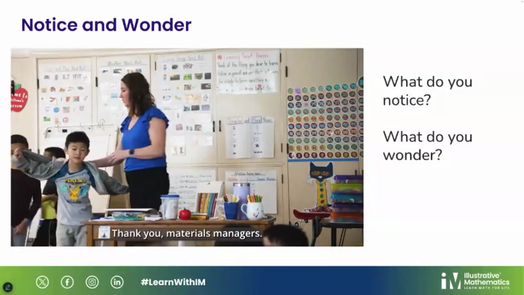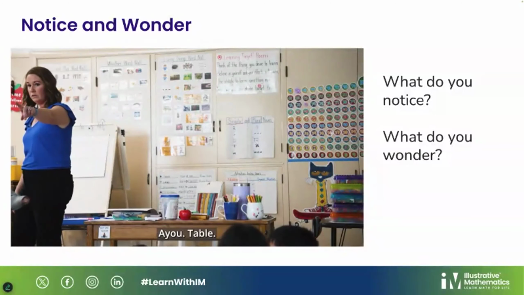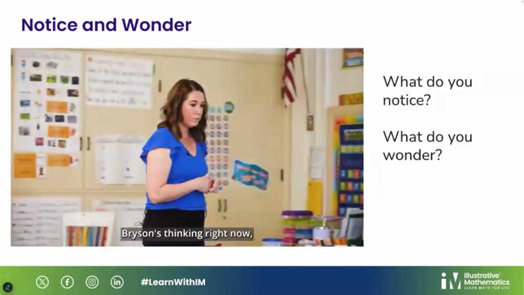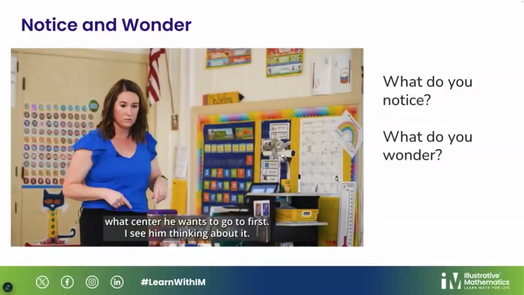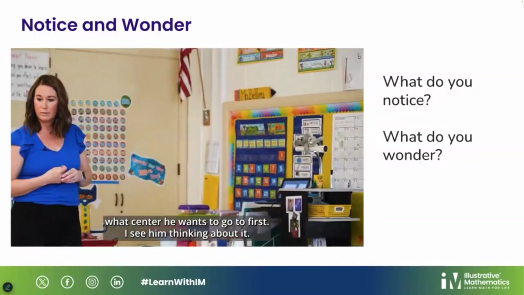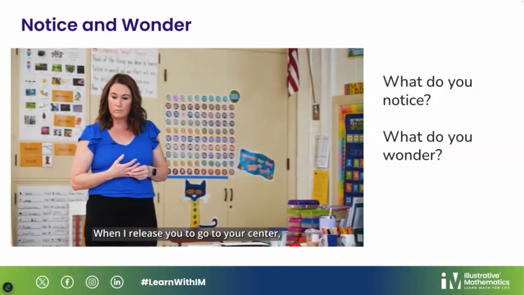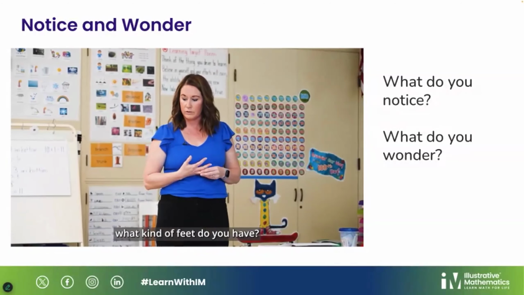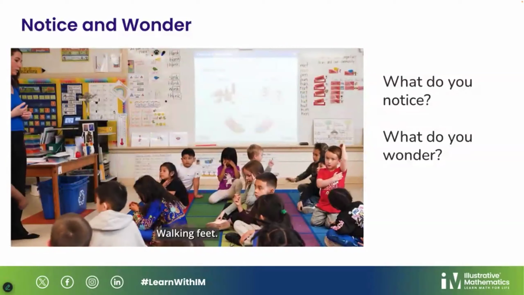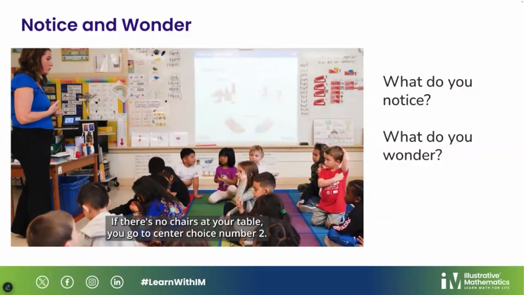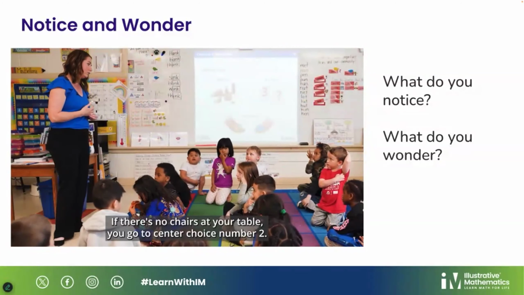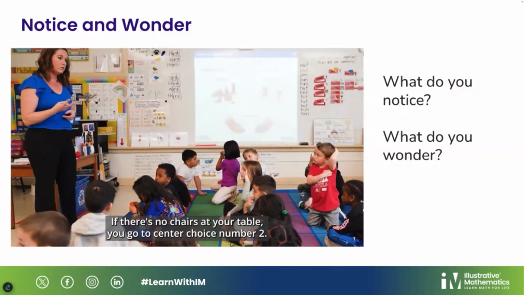And thank you, materials managers. Ayub, table. Bryson's thinking right now what center he wants to go to first. I see him thinking about it. When I release you to go to your center, what kind of feet do you have? Walking feet. If there's no chairs at your table, you go to center choice number 2, okay?